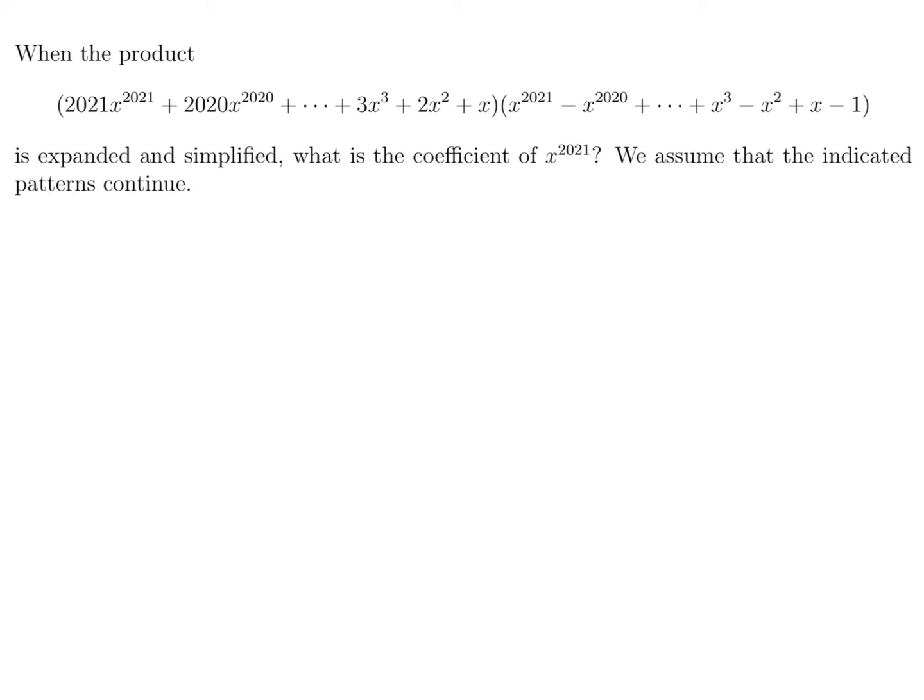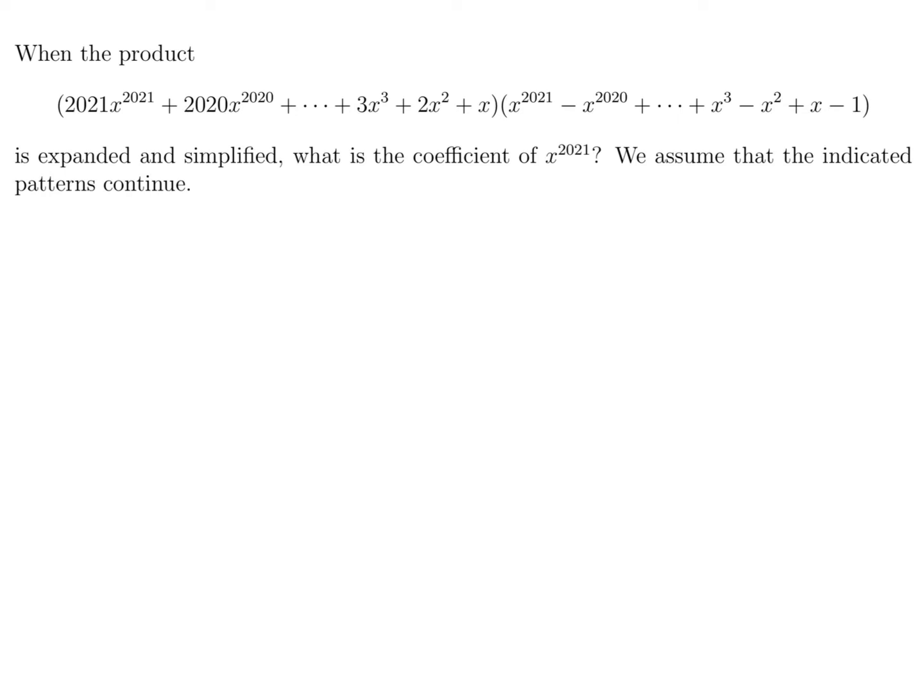When the product, this big long thing, is expanded and simplified, what is the coefficient of x to the power of 2021? We assume that the indicated patterns continue. Okay, so obviously we're not going to expand the whole thing. We're just going to figure out what happens. Take the first term and multiply it by something in the other bracket to get x to the power of 2021.